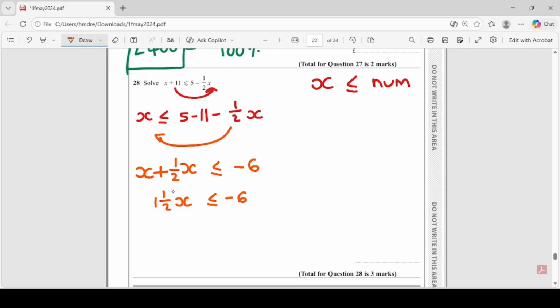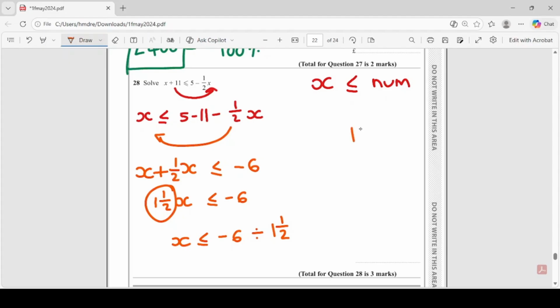I want x by itself, so I'm going to divide by this 1.5. So for the worst times, when I take it across, I'm going to divide. So I'm going to have x is less than or equal to negative 6 divided by 1.5. And what you can say is, how many times does 1.5 go into 6?